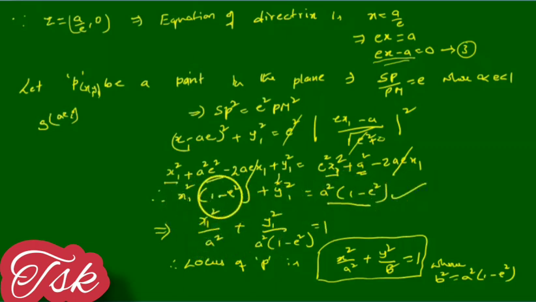Then x square by a square, since 1 minus e square gets cancelled, plus y1 square by a square into (1 minus e square) is equal to 1. The locus of the point P(x1, y1) for this equation becomes x square by a square plus y square by b square equal to 1, where b square is a square into (1 minus e square). This is the standard equation of the ellipse.